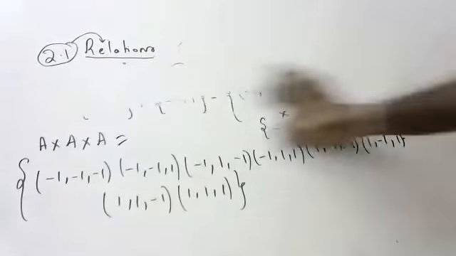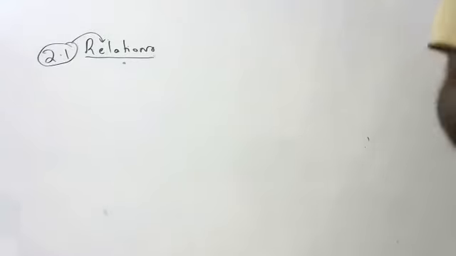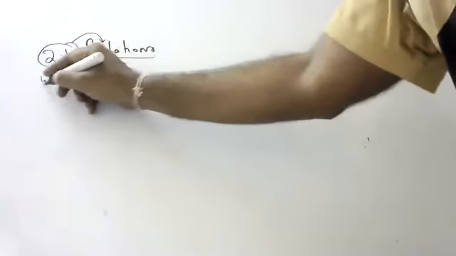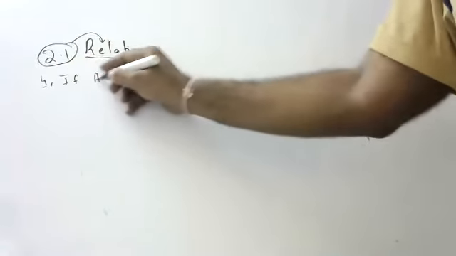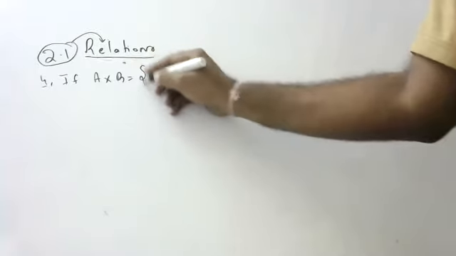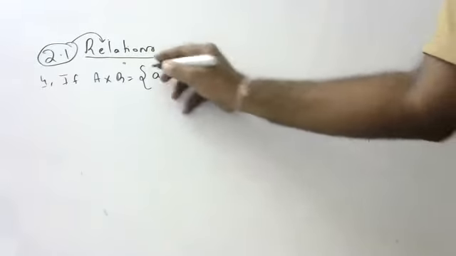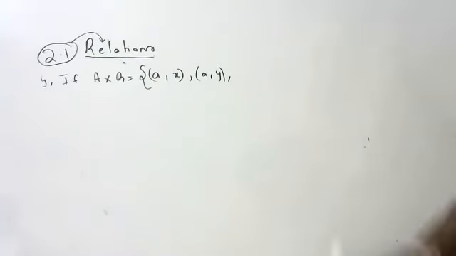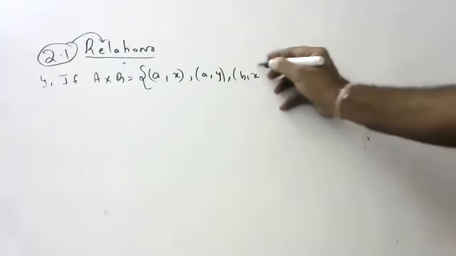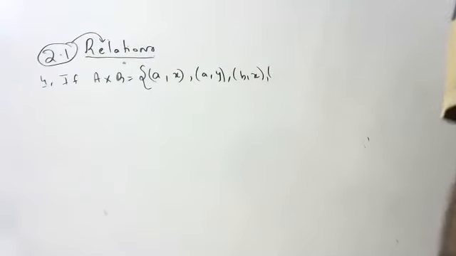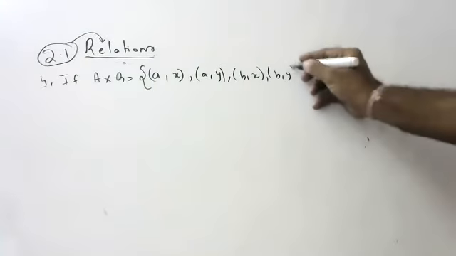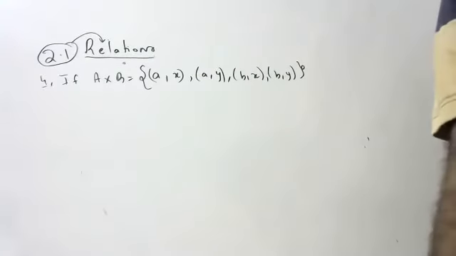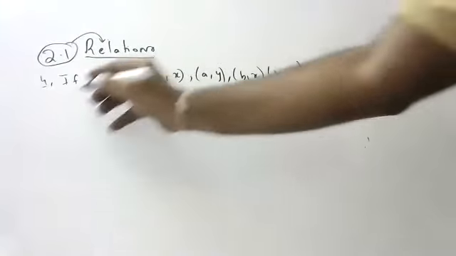Very easy, children. The first exercise is very, very easy, all crossings only. Fourth question: if A cross B is equal to {(a, x), (a, y), (b, x), (b, y)}, find A and B. What is A?